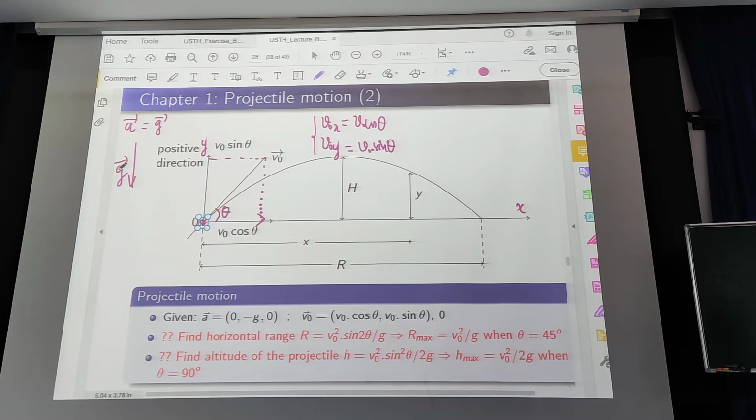Alright. So tell me, in this case, if I resolve along OX and OY, what is the x component of the acceleration equal to? Very good, 0. Acceleration along OY equal to? g. Who, please?